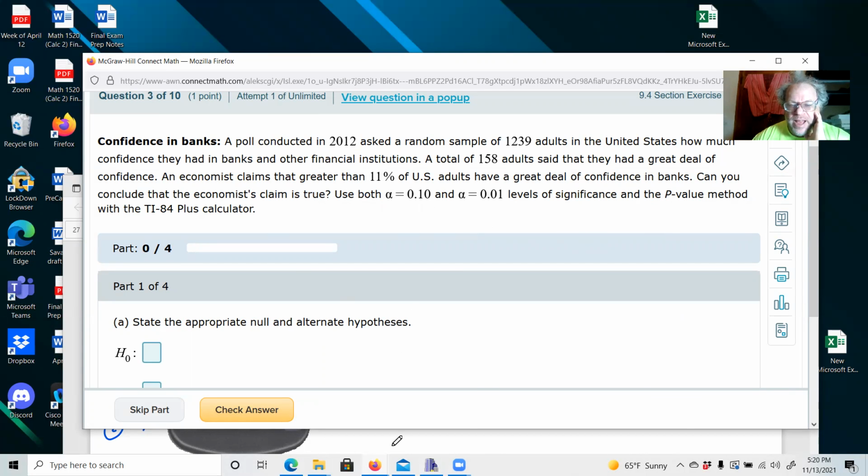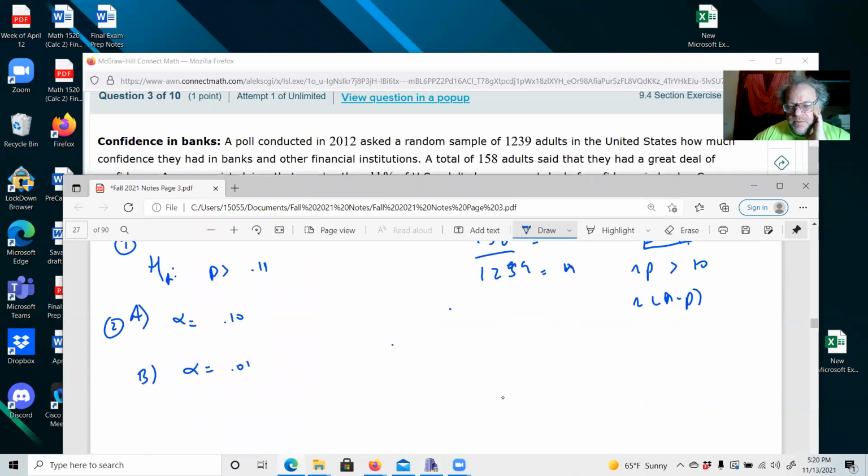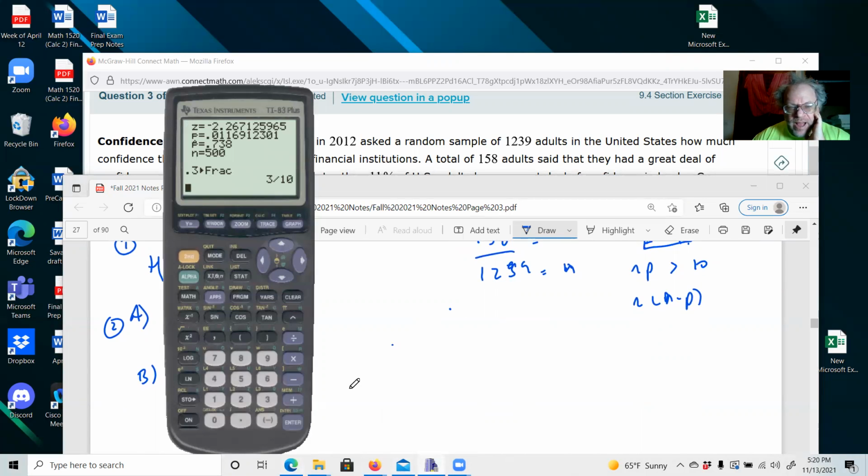So let's see what we have. We're going to plug in the calculator. Stat test, and then we're going to go down to one proportion z-test. Okay, proportions again, they're always z-tests. Okay, this was 0.11.